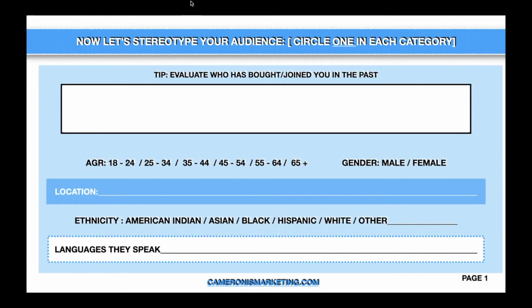But if you get very specific to a certain person, then you will get through to that person quicker, and you will not be noise, but more of a message sent from God, let's say, or something like that. Because now, just to clarify, you can have more than one avatar. Okay, so you could do this worksheet 5 times for 5 different types of people, and you'll see exactly what I mean when I go through this worksheet.